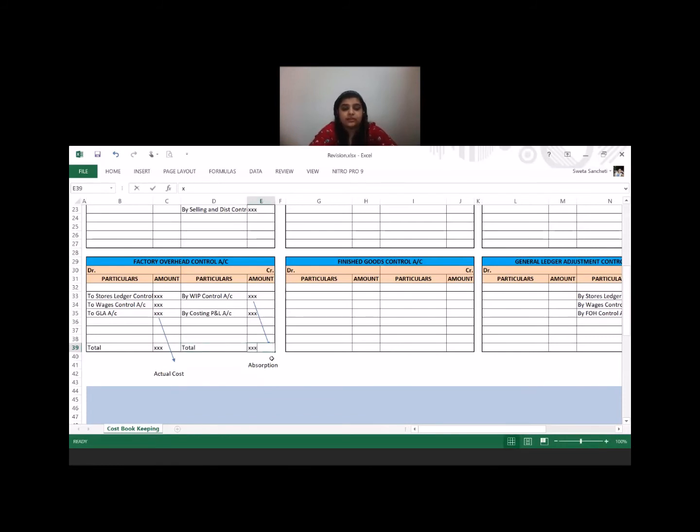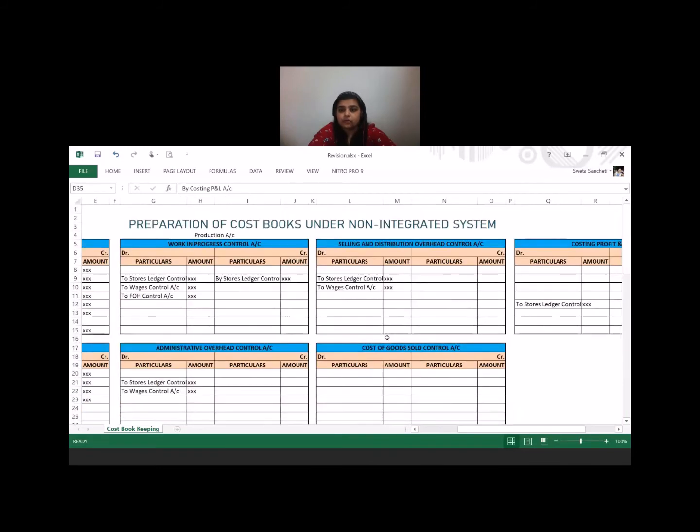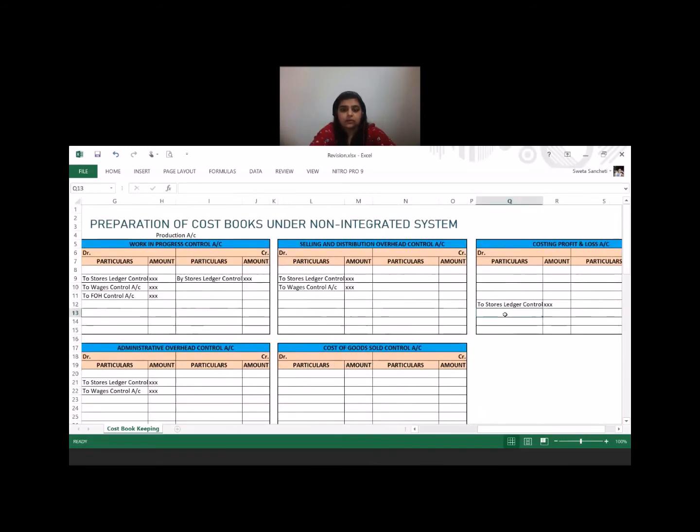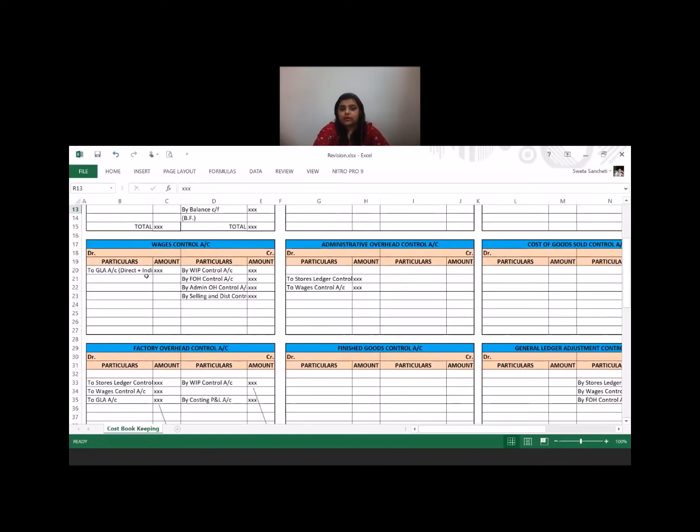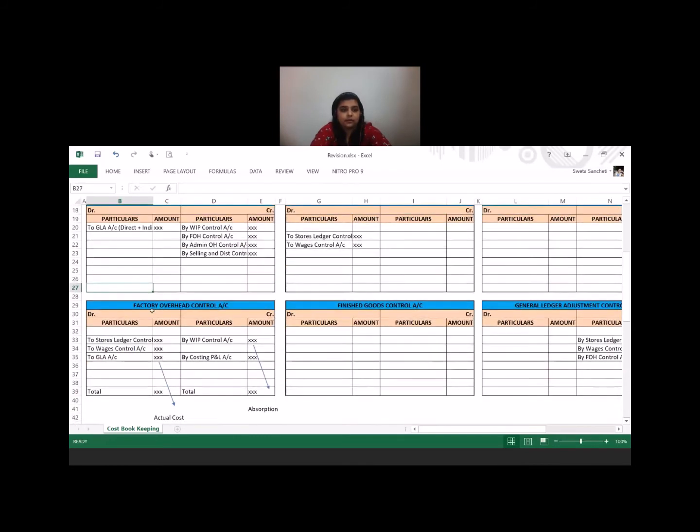My total will match. Now the second entry for this under absorption will go to my costing P&L to factory overhead control account. I have this here. So my under absorption has come here. Now let us close. Now when you have already transferred wages, this will also be closed. So I will have the same thing here.